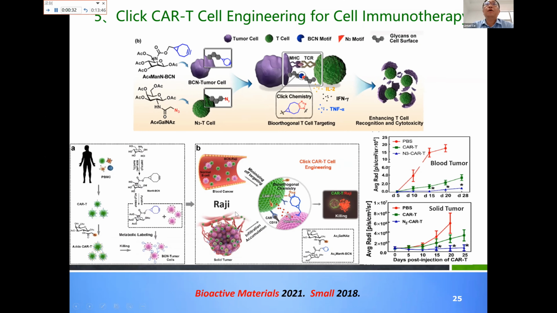And using this, with the lymphoma cell as our model, it can have very high efficiency for blood tumors and also for solid tumors. We find this method can be used as living drugs, where the cell is the drug, with very high efficiency to kill the cancers.